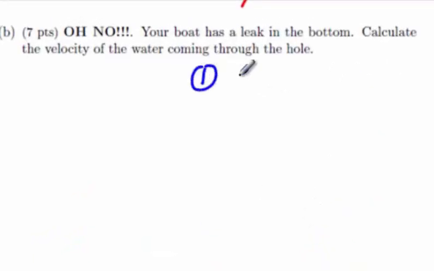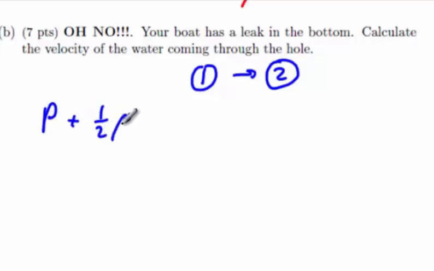We will connect location 1 to location 2 through the Bernoulli Principle, which states that the quantity pressure plus a kinetic energy term, 1/2 rho v squared, plus a gravitational potential energy term, rho g y, takes the same value at all points throughout the fluid.